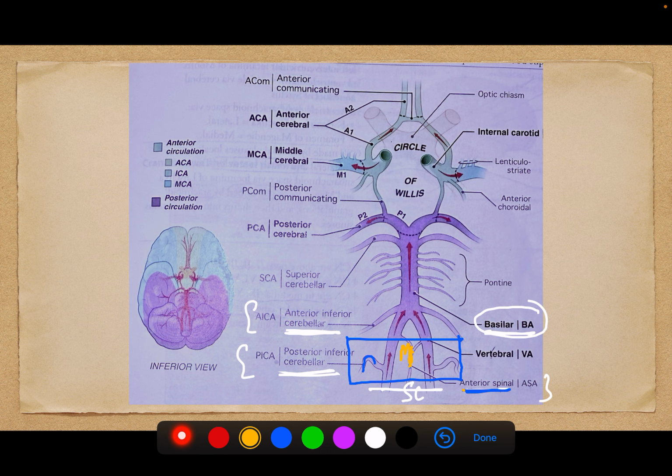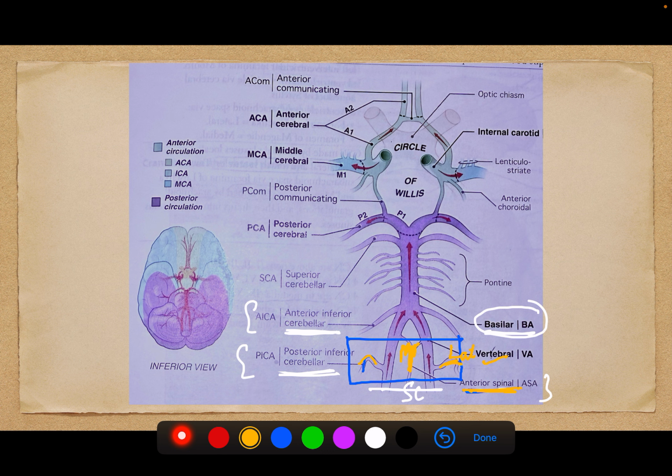So if there is a lesion in the anterior spinal artery, the medial medulla will be affected. If there is a lesion in the posterior inferior cerebellar artery, it is the lateral aspect of the medulla. So lateral medullary syndrome occurs in posterior inferior cerebellar artery lesions, and medial medullary syndrome in anterior spinal artery lesions. We will talk about this in detail in the coming slides, to understand why.